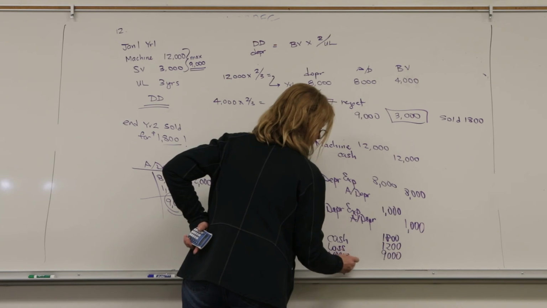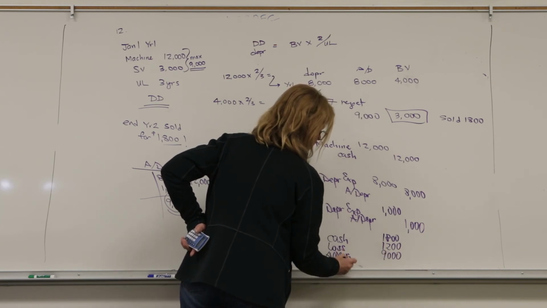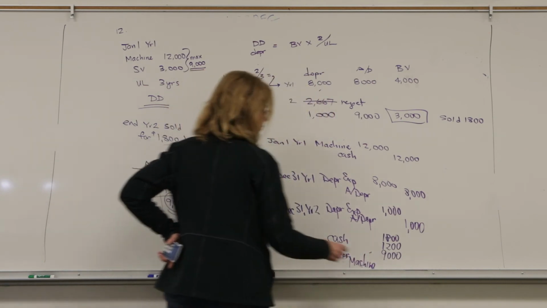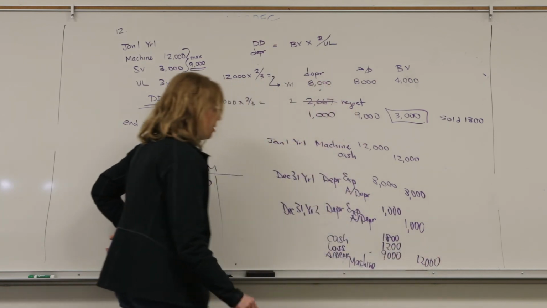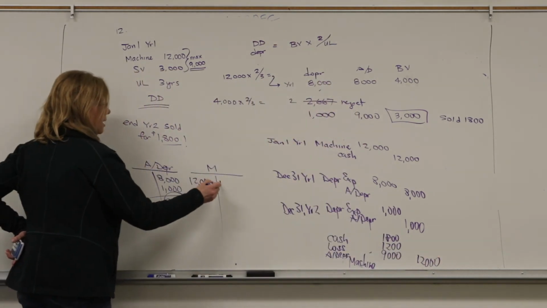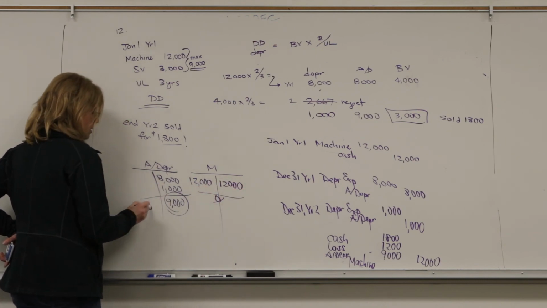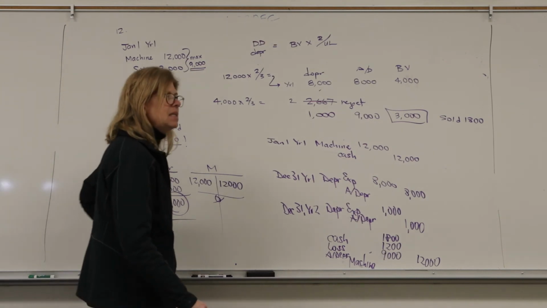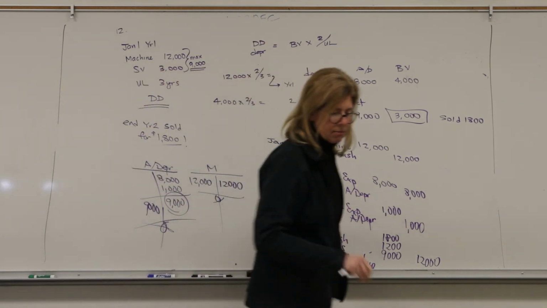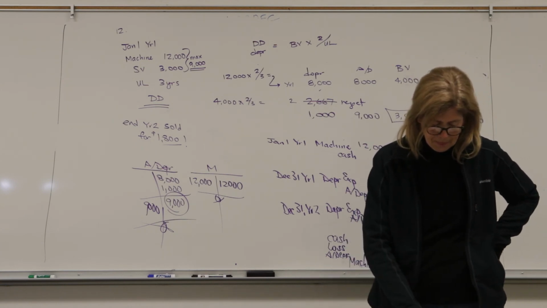And credit machinery, $12,000. And when I post this, I've got the credit to machine, and I've got this: 0. We can do this. Okay.